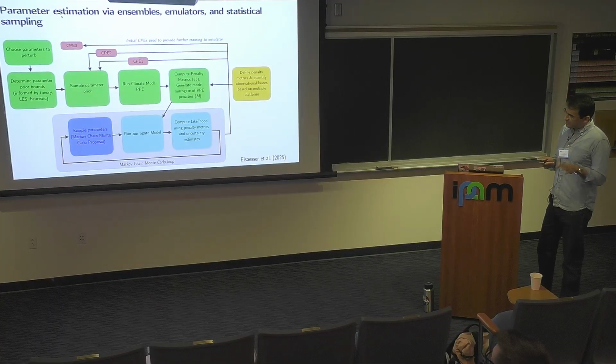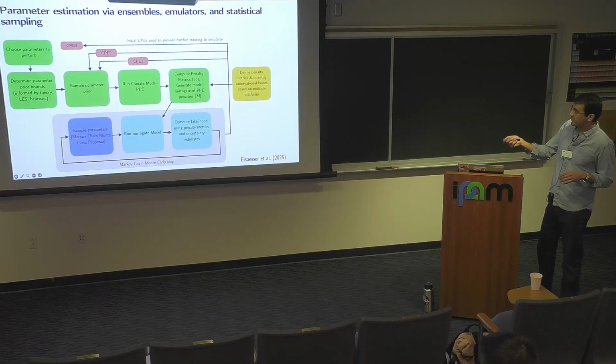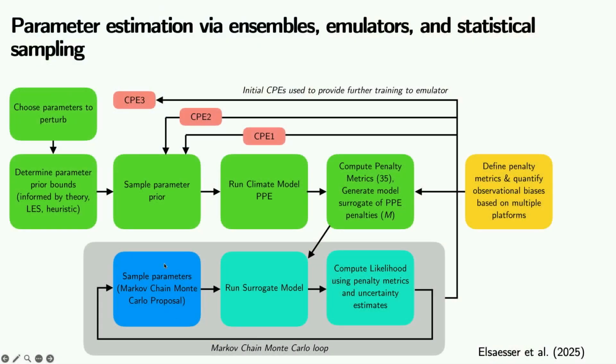Okay, and just to further iterate on this methodology that we've developed, this is that loop that I showed before, but one of the things that we do is we do this multiple times. After we've done our first CPE, our first estimate of the posterior parameter distribution, we feed that back in. We add it to the prior, and then we run our climate model for those new points, and then we generate a new emulator.